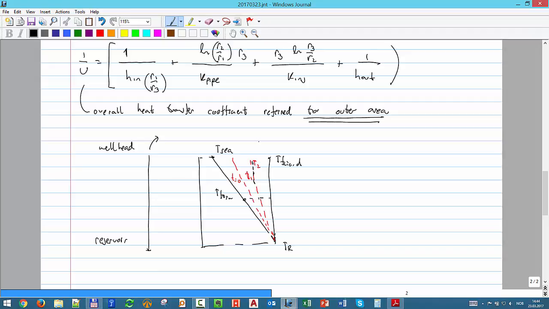We're not going to do it here in class, but just to make you aware, what is usually done is that T ambient is located at a certain radius, and that radius is a function of time. So I apply exactly the same equation, but the radius will change with time.